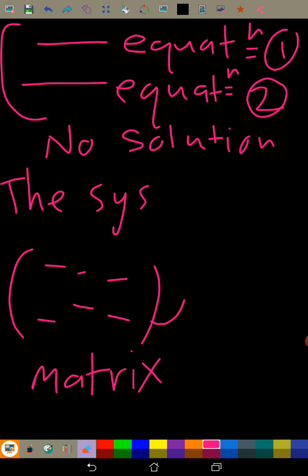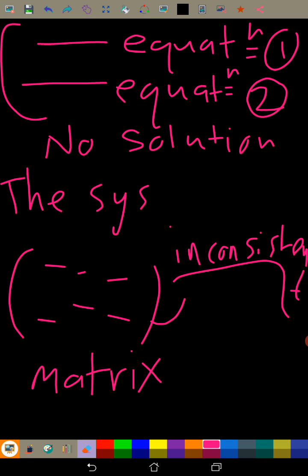It is said to be inconsistent. So now we are using terms like inconsistent, or terminologies, if you want. And on the other hand, if there is at least one solution, it is said to be consistent.